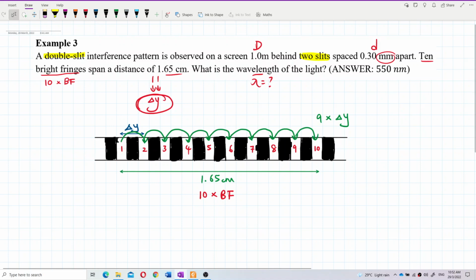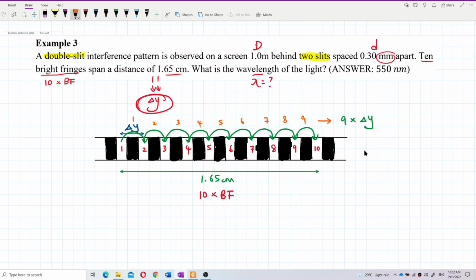Maybe I can write it over here at the top. That's it, 9 delta y for 10 bright fringes. I think you understand already.